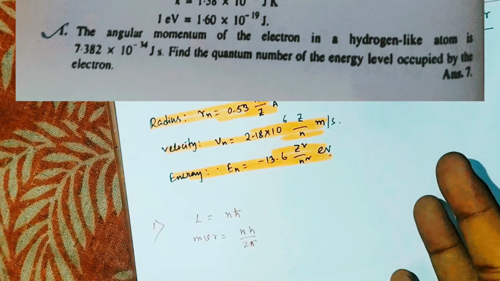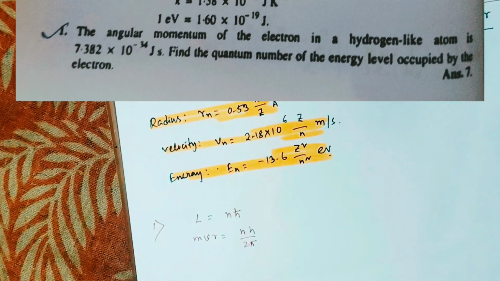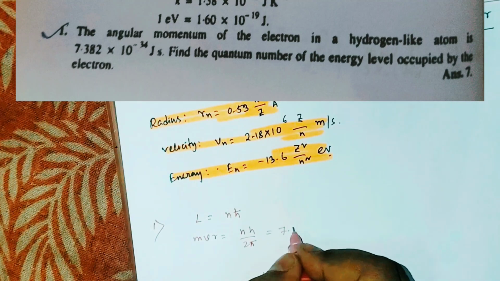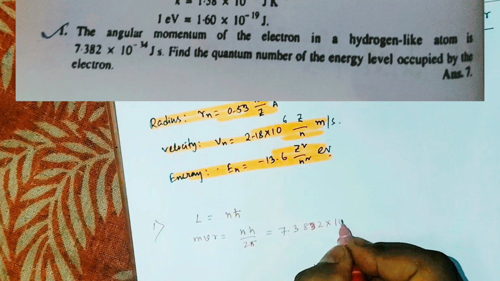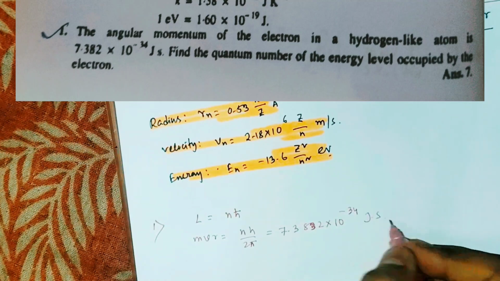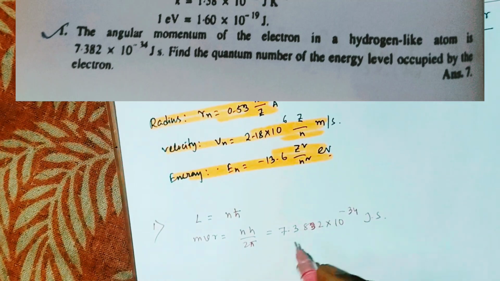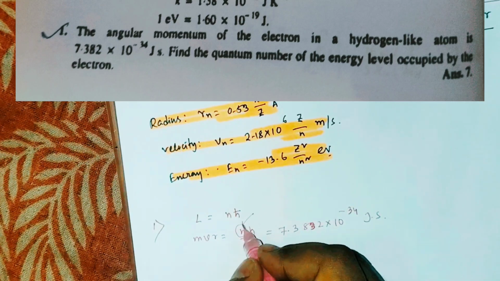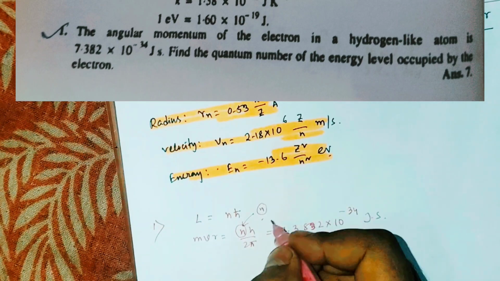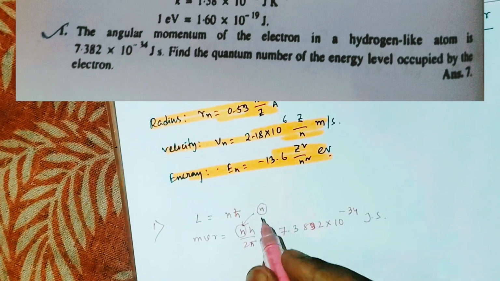The total angular momentum is given as 7.382 into 10 to the power minus 34 joule second. We need to find the quantum number of the energy level occupied, which is the principal quantum number n.